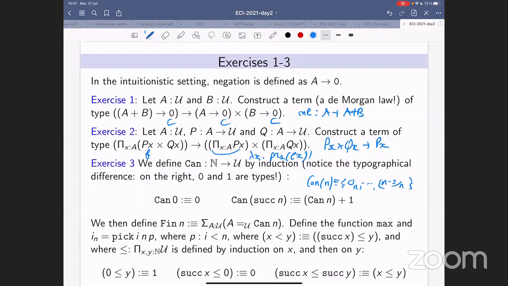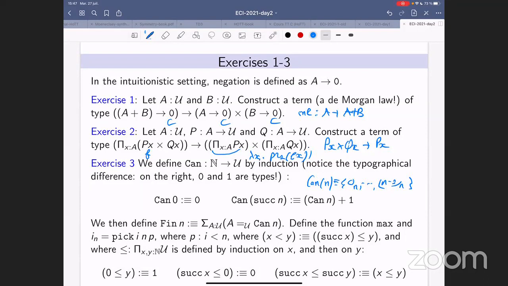So this exercise shows that with the type theory that we already master from the course, we can make all this formal. The idea is to define can as a function from n to u, the universe u, a family of types.